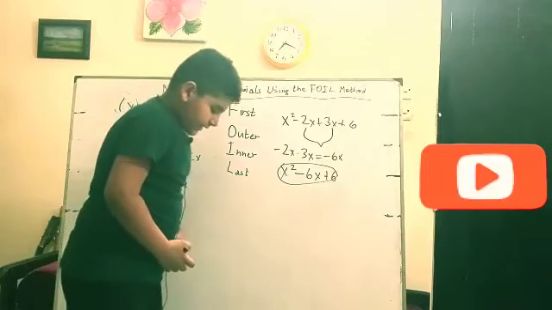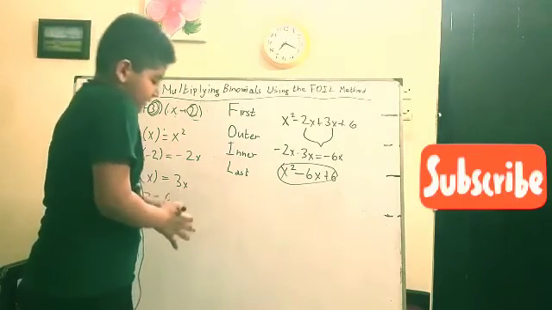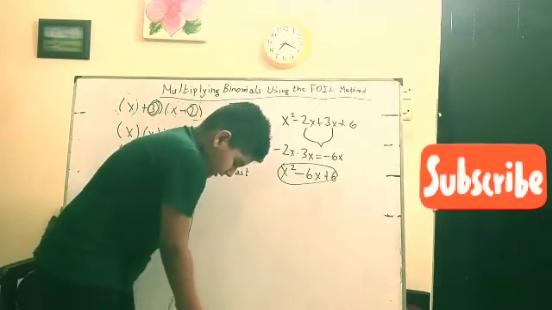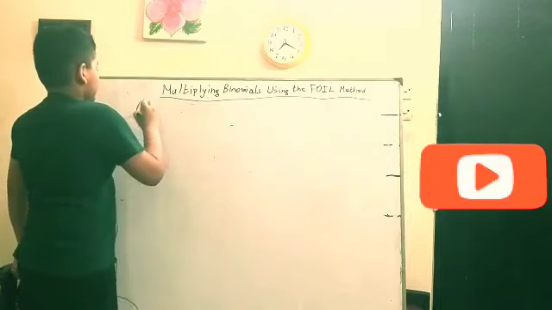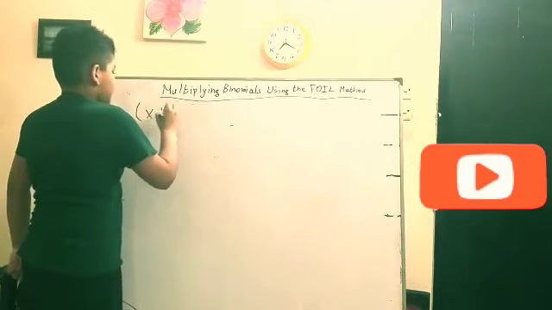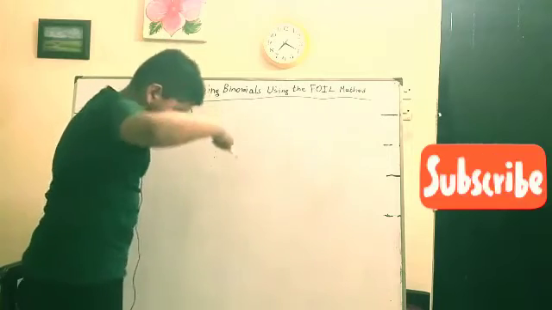Let's try another one before we officially get out of here and do some other things. Let's try a problem with a binomial times a trinomial. Yes, we're taking this to the next level.